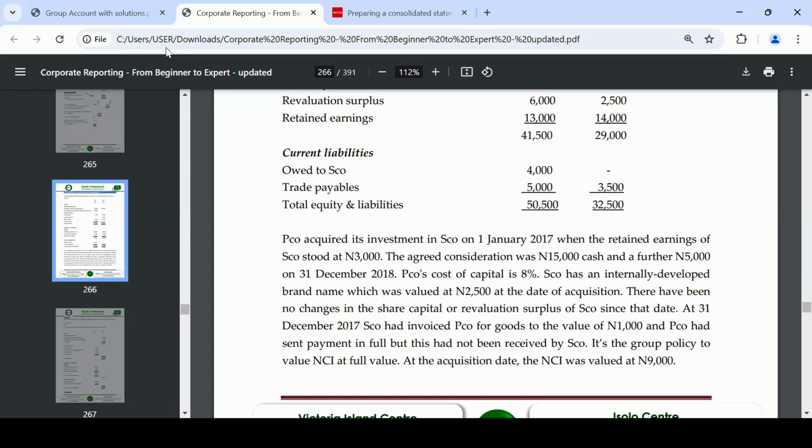What it means is that you are now going to recognize that intangible asset because it has now been traded in a separate transaction. The transaction it was traded in is on acquisition. So therefore, you will treat it like this. When I am cancelling out the investment in subsidiary against the net assets of ESCO, I am going to consider this brand name because it is part of what I have paid for. Is that clear?